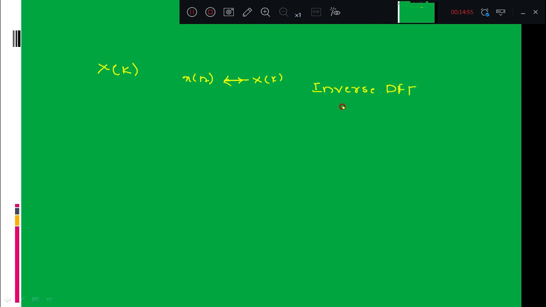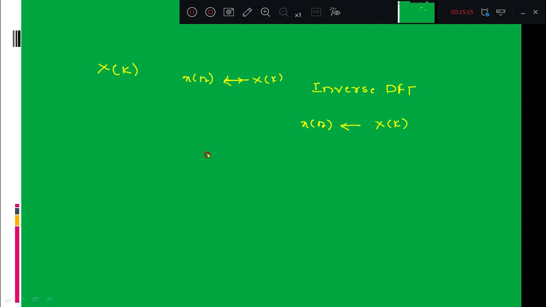The inverse DFT is a tool similar to the DFT which is used to recover the sequence x of n uniquely from the frequency samples available in X of k. So this is known as inverse DFT, right?